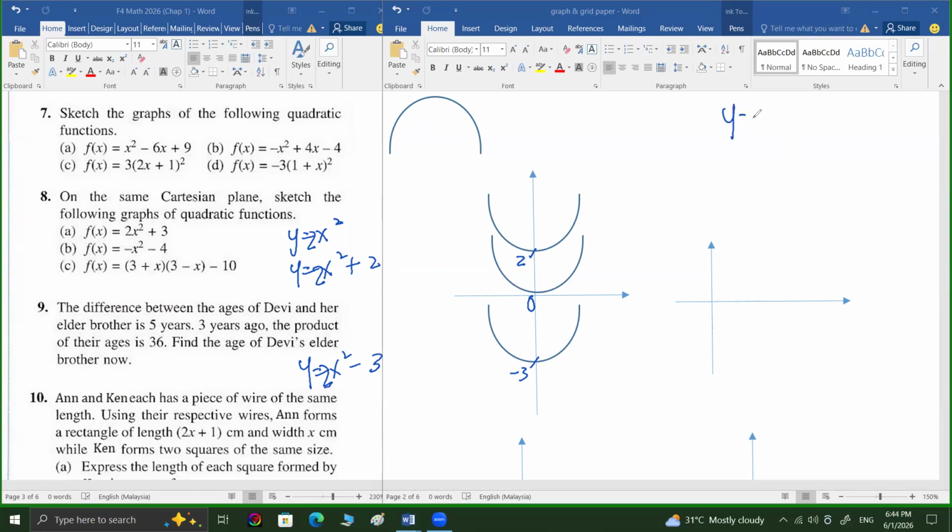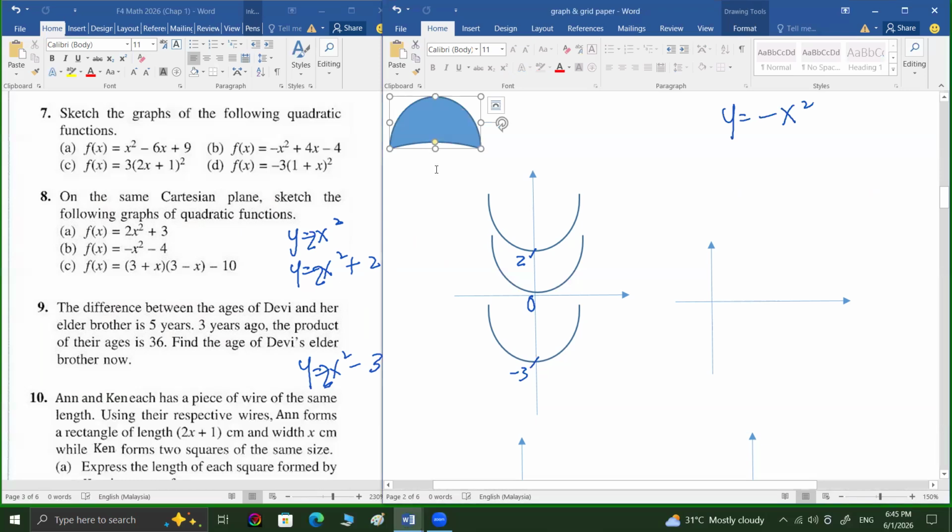Okay, if I give you y is negative x squared, so the graph is going like this. Okay? Like this. If negative x squared plus 2 going up, if negative x squared minus 5 going down, just see the y-intercept when it goes up, down. Okay, can you understand? Yeah?